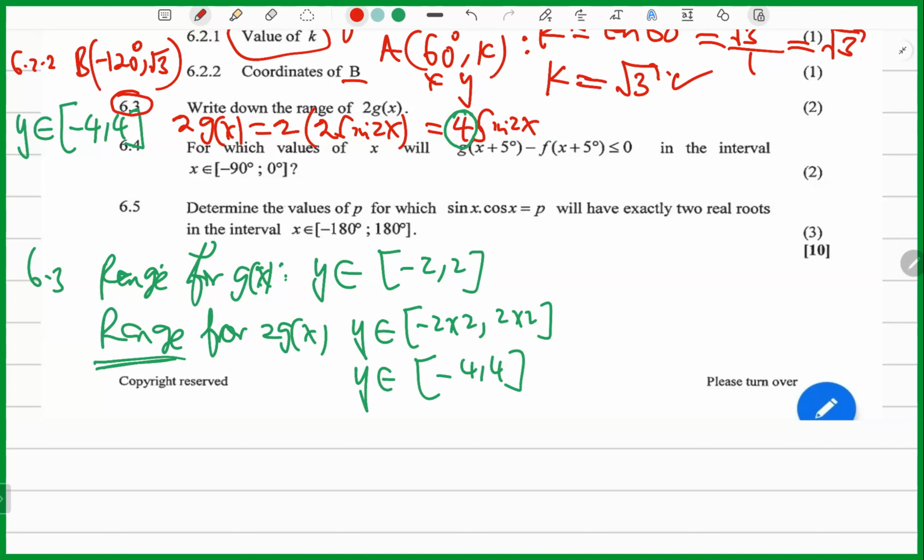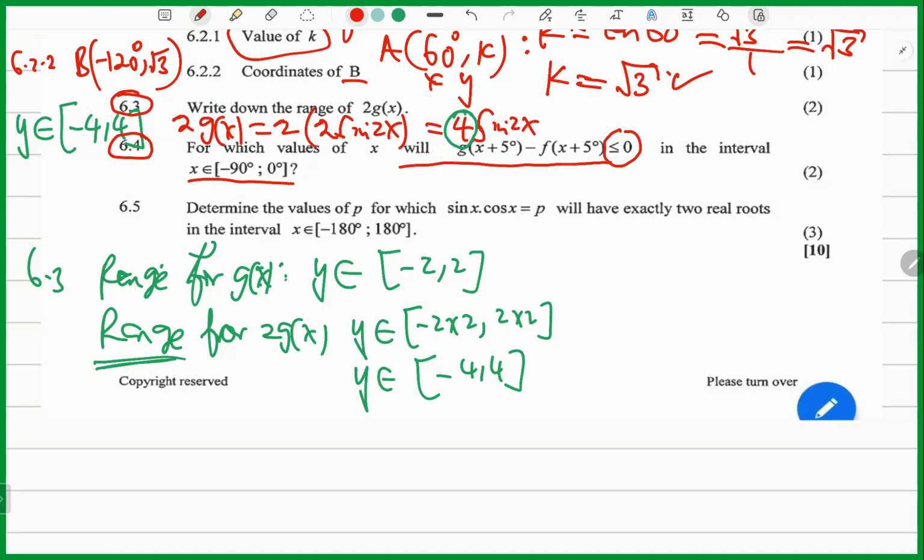All right, so write down the range of this. For which values of x will the difference be less than or equal to 0 in the interval between minus 90 degrees and 0?